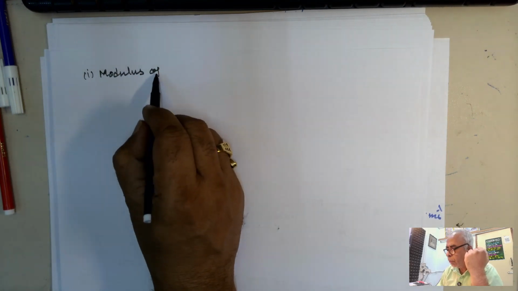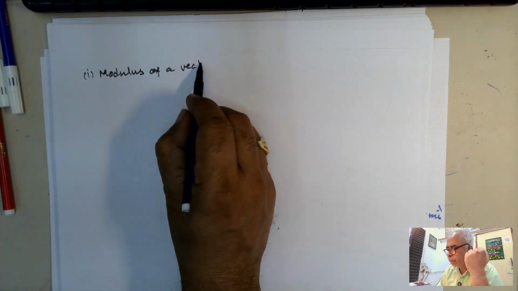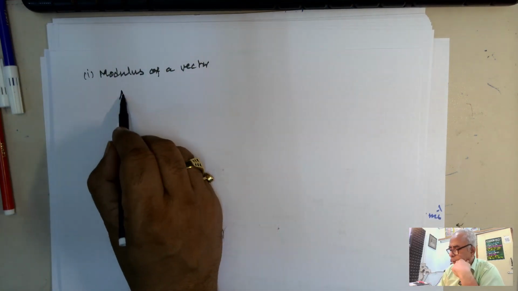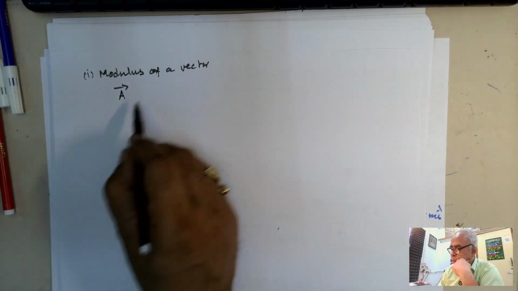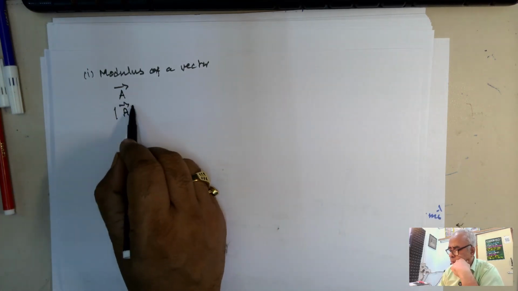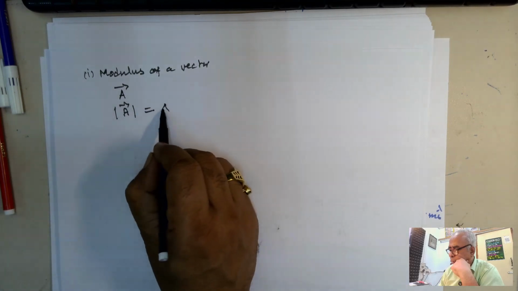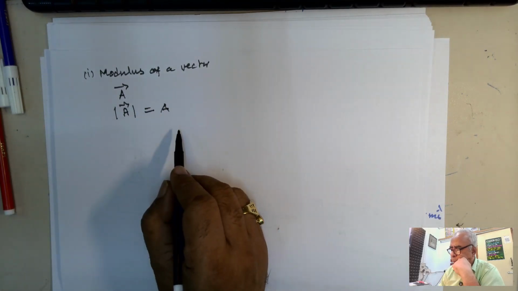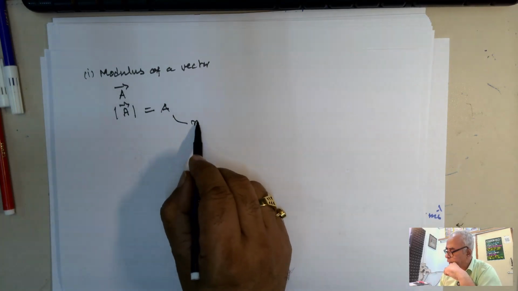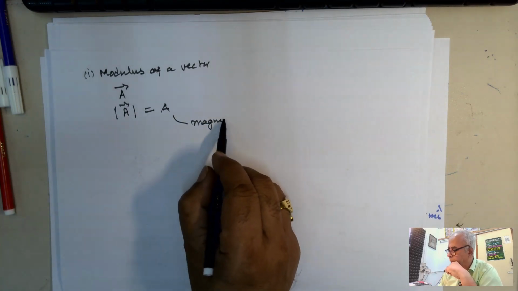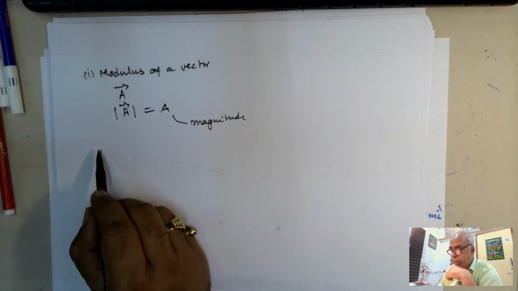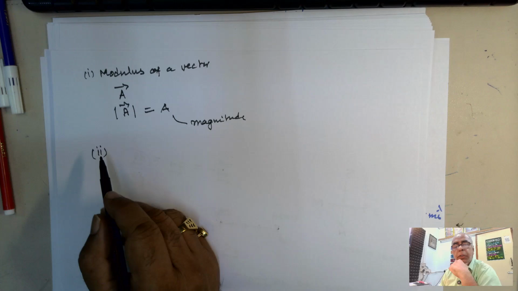The modulus of a vector, A vector modulus, gives you only the magnitude. Okay, right? This represents only the magnitude, no direction involved. Now, secondly, unit vector.